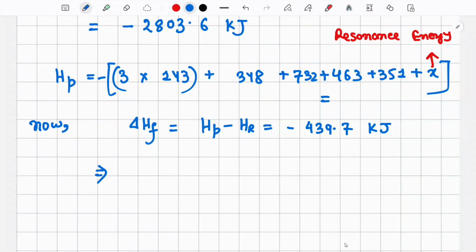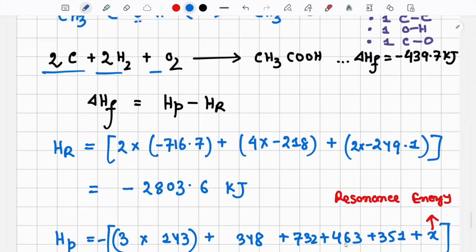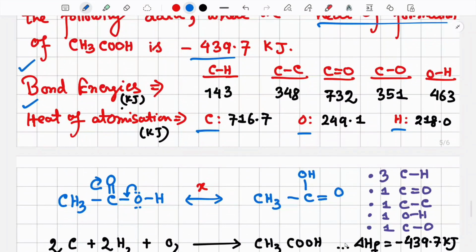It is 143. 3 into 143. These are all one.